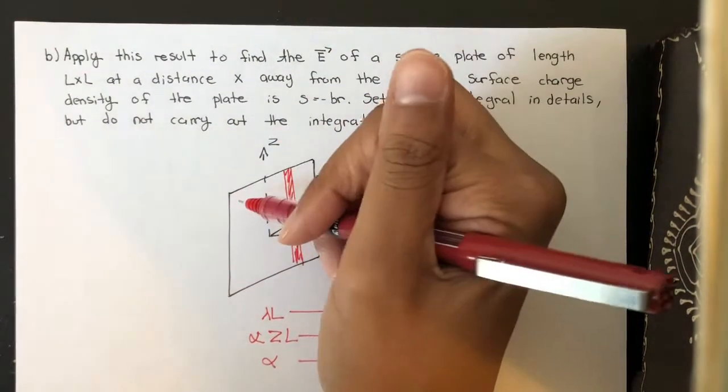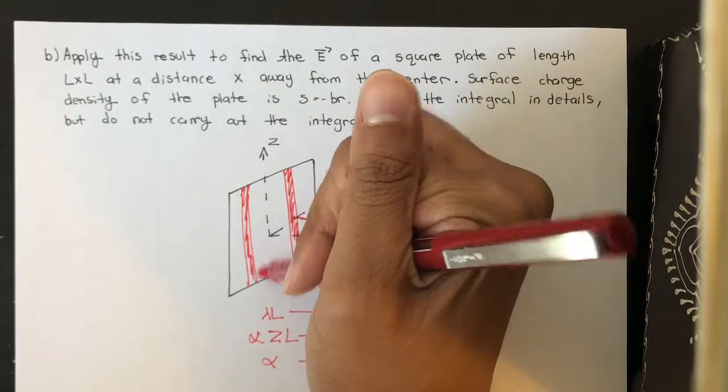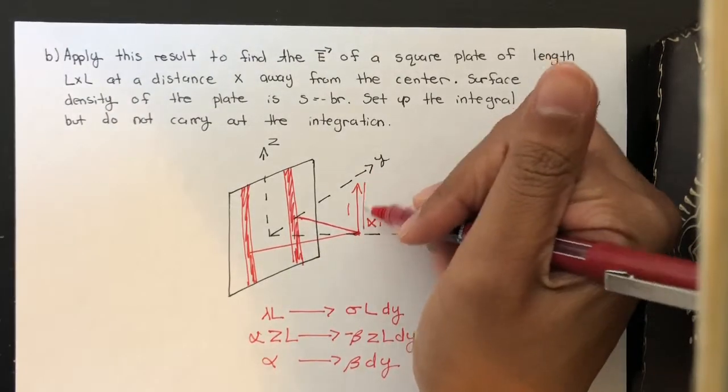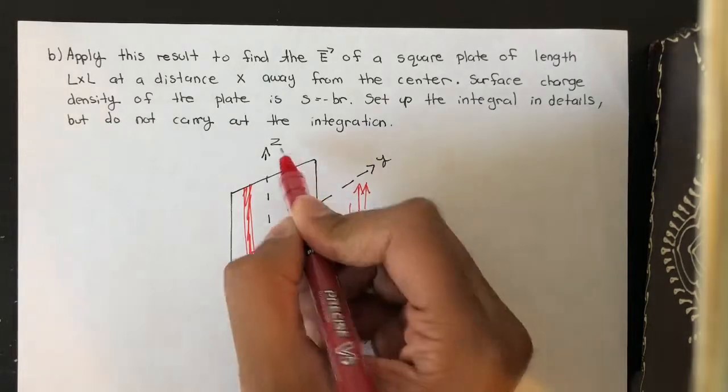And same if we had another line charge over here, also adding in the z direction.